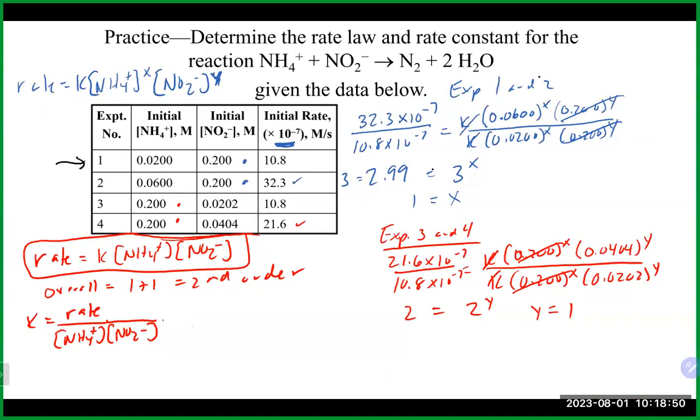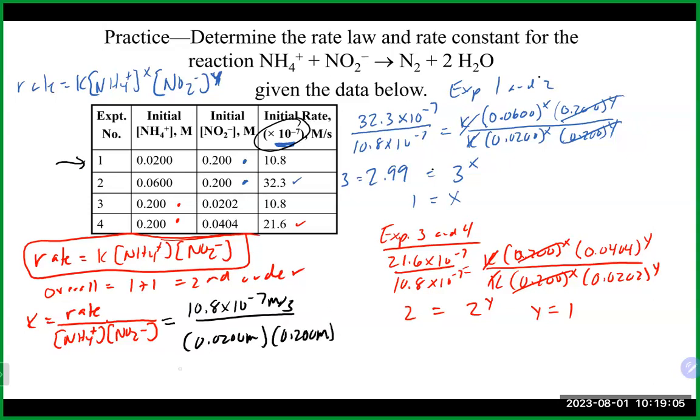This is the place where it will make a difference if you forgot this part, so make sure you didn't forget it. So 10.8 times 10 to the minus 7 molar seconds divided by our 0.02 molar and our 0.2 molar.